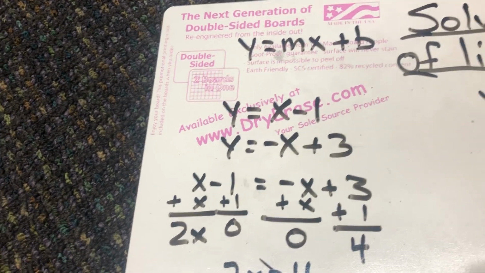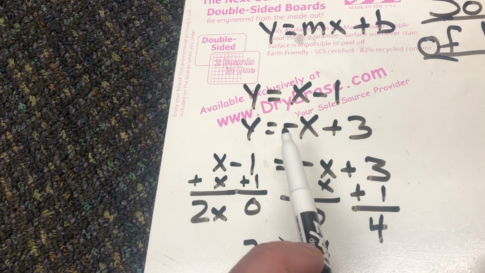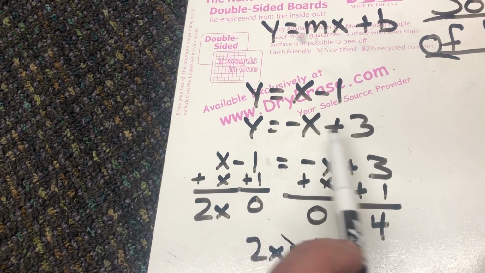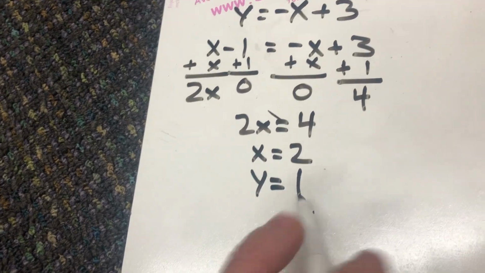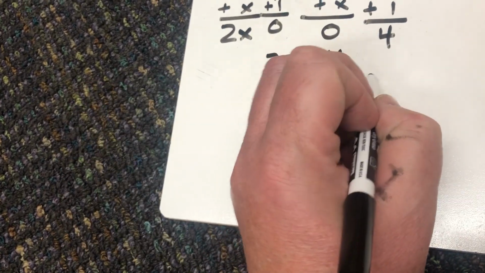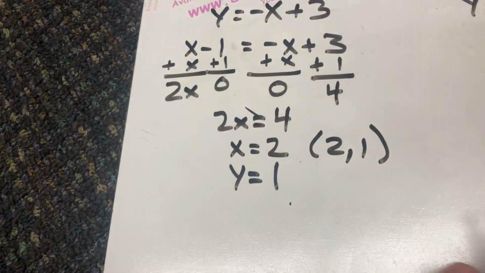And I can just show you on this one, since x is 2, if I do negative 2 plus 3, negative 2 plus 3 is also 1. So it works for either equation. X is 2, y is 1. The solution, you write it as an ordered pair, (2, 1).